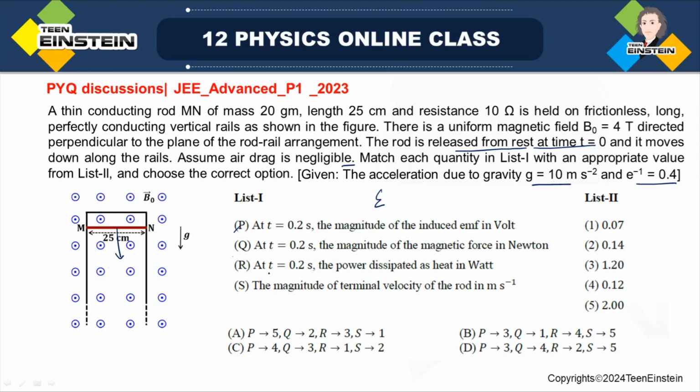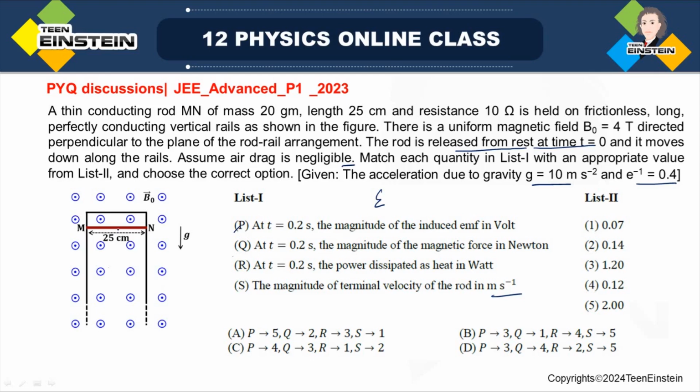At t equal to 0.2 second, the power dissipated as heat in watt. And the last one is the magnitude of the terminal velocity of the rod in meter per second.